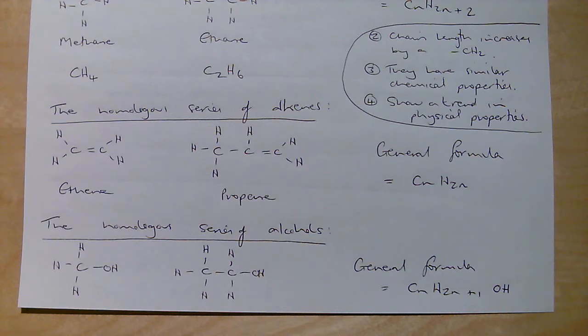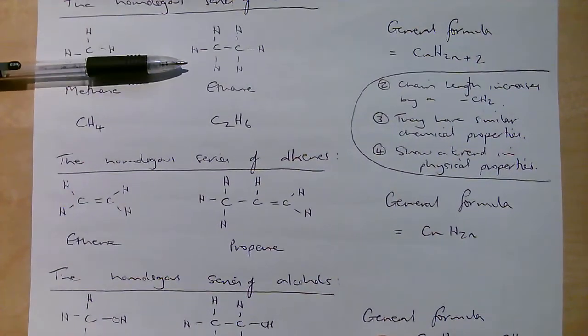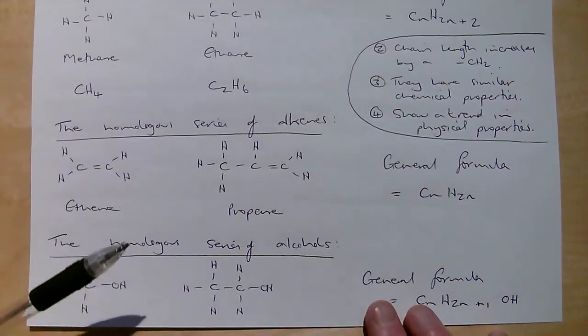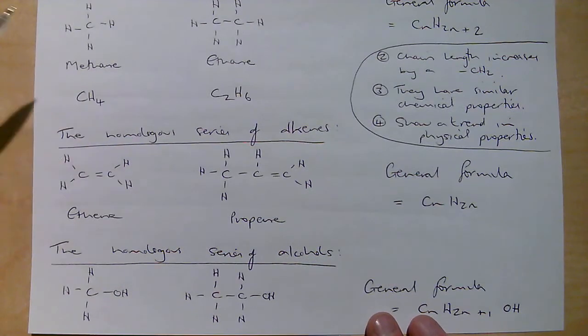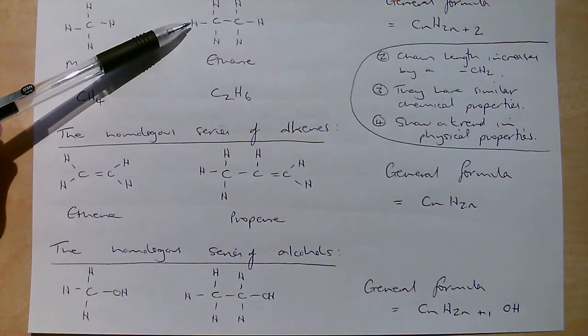Okay, and then finally, let's have a look at the homologous series of alcohols. Let's just think about what the difference is between the structure of an alcohol compared to the structure of an alkane. If we think back to the beginning of the video, I said that organic molecules are made when alkyl groups are attached to functional groups, when the hydrogen of an alkane is substituted by a functional group.